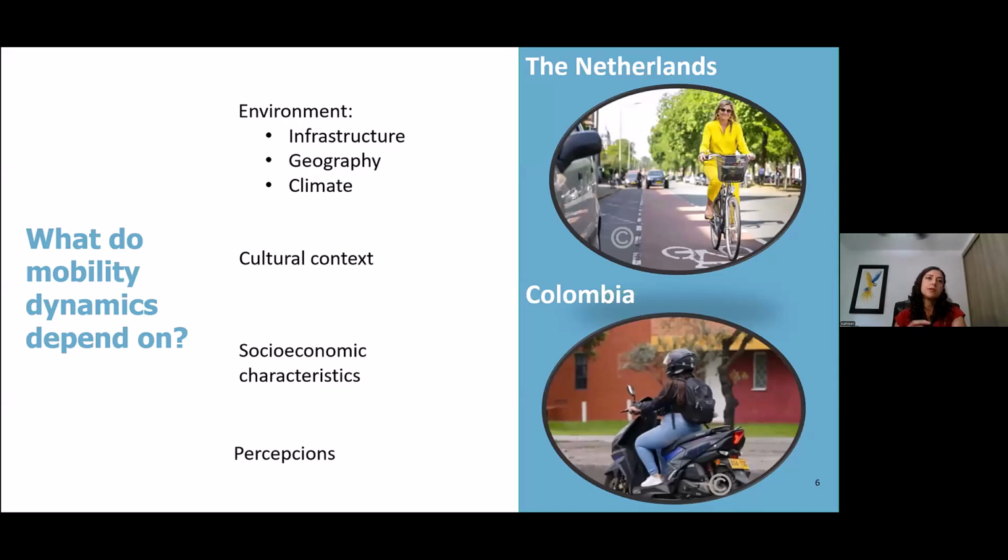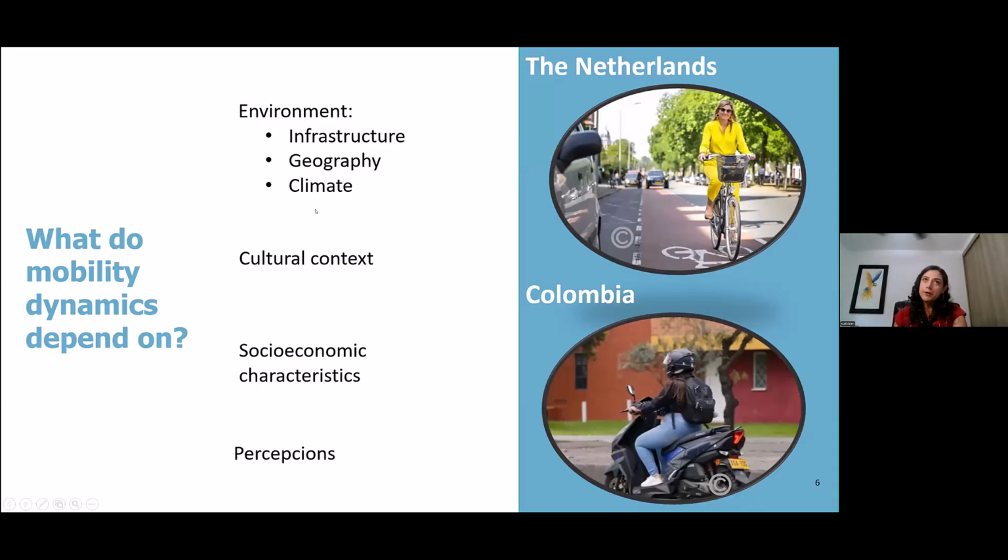But before we start talking about the framework that we follow and the design of the model, it's very important to mention that these transport dynamics are different depending on the context. And there are some factors that influence these dynamics.